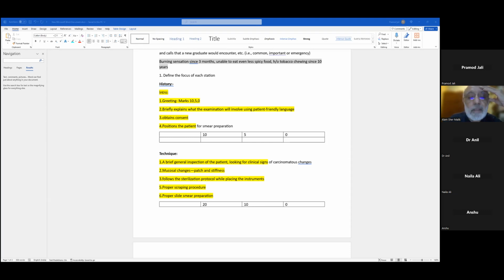So if you can brief your simulated patient that the students are going to do this procedure, because the number is small, the person might agree. If it's a large number of students, of course, that would not be possible. But here only 4 students, so I think that should be feasible.